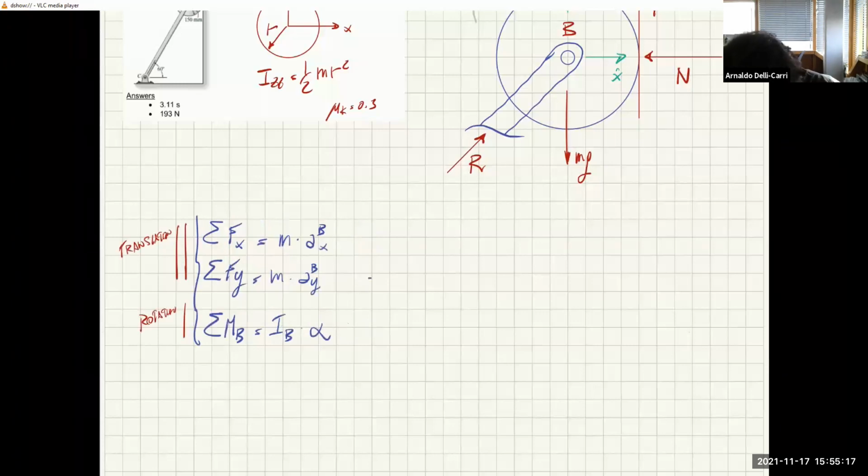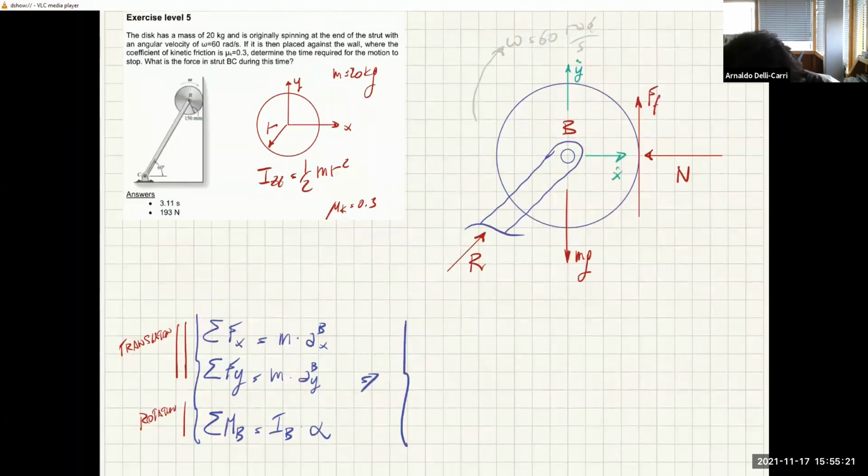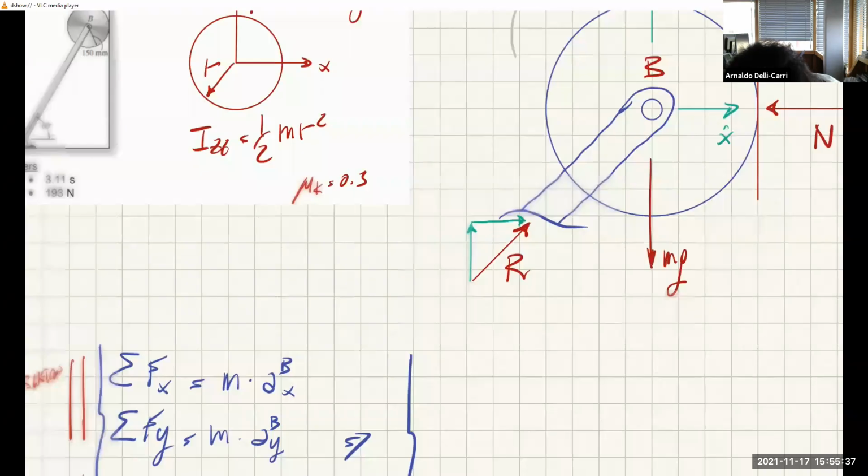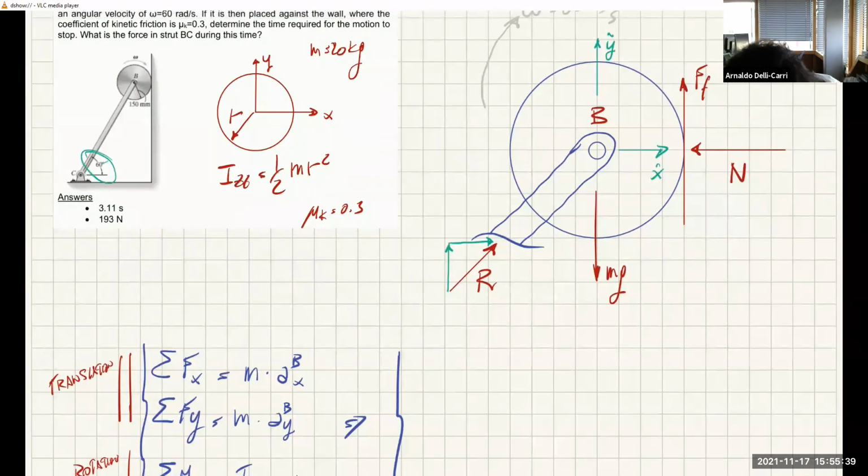So explicitating this gives me this R, which can also be split into its vertical component and the horizontal component. Do we have the angle of the strut? Yes, we do, 60 degrees, very good.